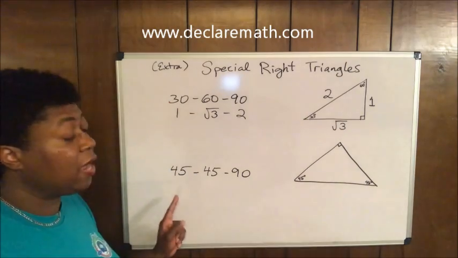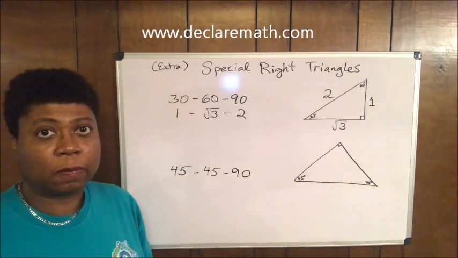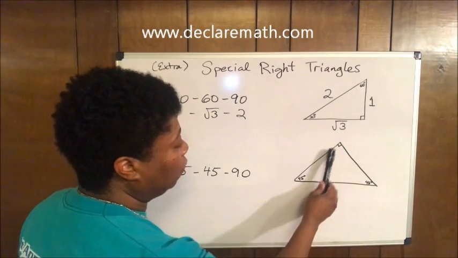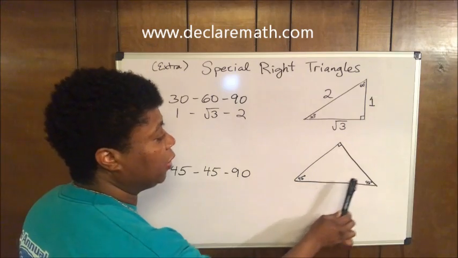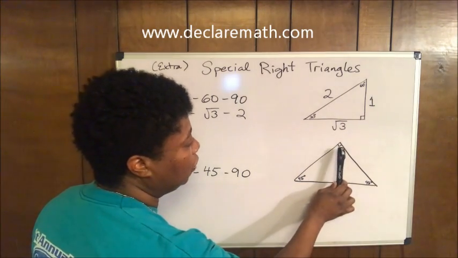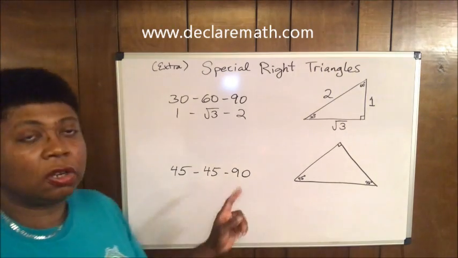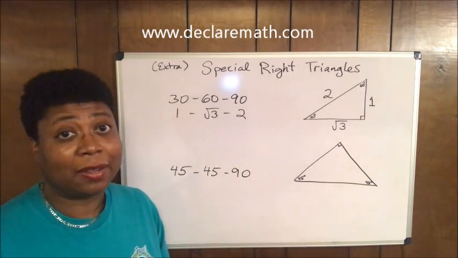So we're going to do the same thing for a 45, 45, 90 as well, okay? So that means that we have a right triangle that has 45 degrees, 45 degrees, and then 90 degrees. So it has two 45 degree angles and a 90 degree angle, and that adds up to what? 180.